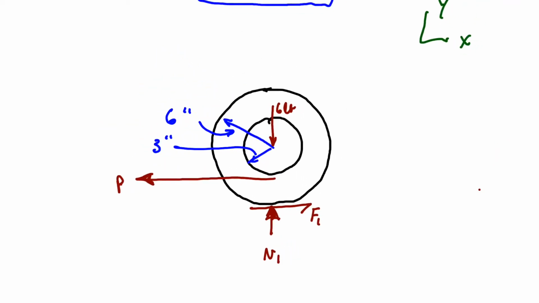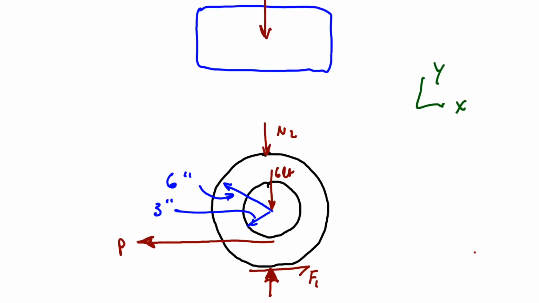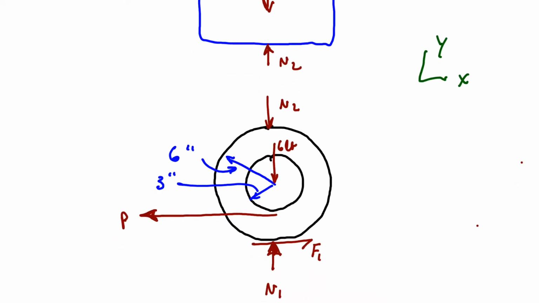Likewise, on the top of the spool, we have a normal force because it's contacting between the two blocks. We'll call that N2. Likewise, there'll be this N2 here. And then if this thing was sliding, maybe it wants to go in this direction. This is the direction that it wants to slide. If that is the case, then we have to resist that motion with a frictional force F2.